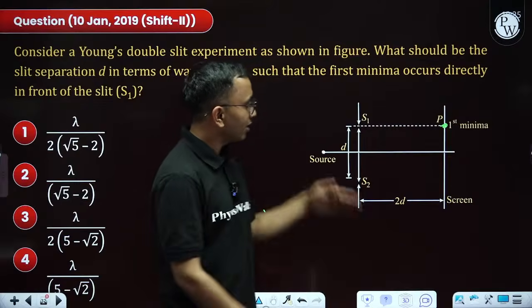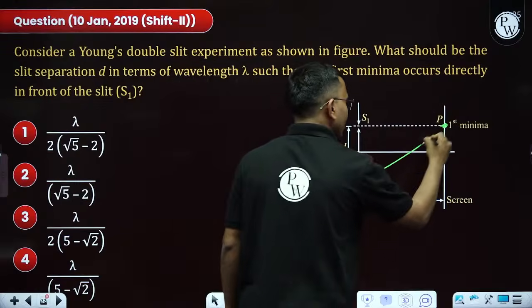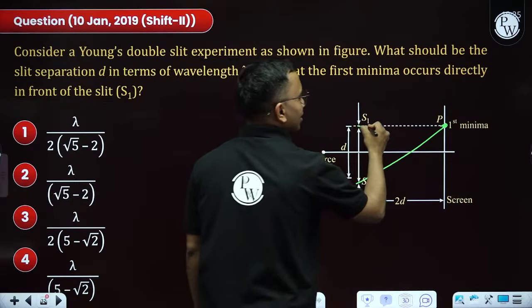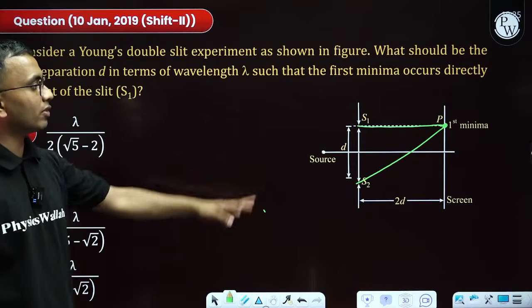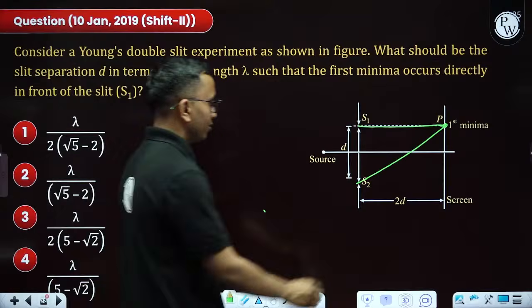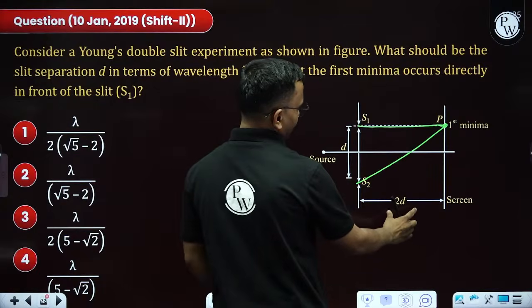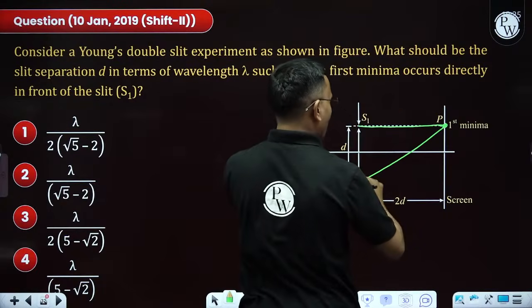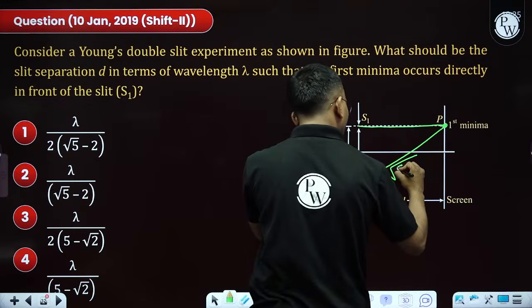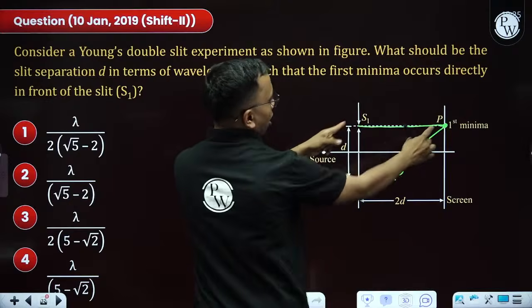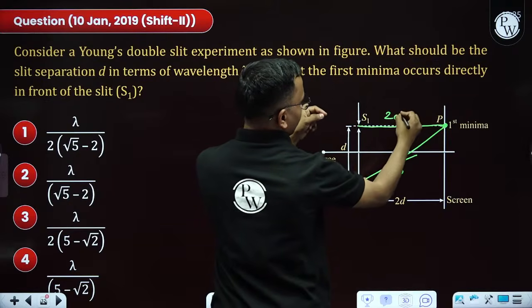Standard method means this path length minus this path length has to be equal to lambda by 2 for first minima. This is 2d, this is d. How much is this path length? Root of (2d) square plus d square, so root 5 d. How much is this path length? 2d.